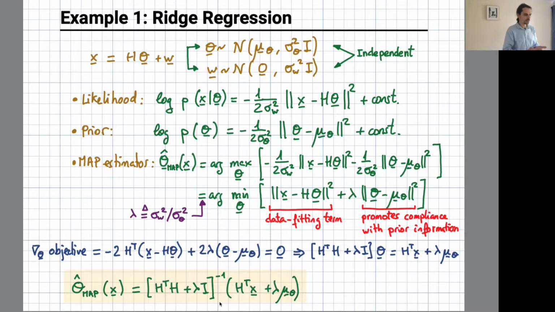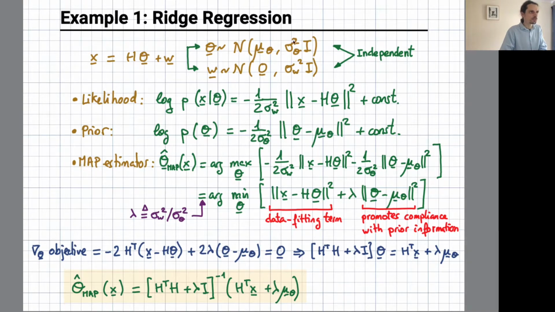Well, we can think, when is lambda 0 or close to 0? We see from here that this occurs when sigma theta square is large. And what happens when sigma theta square is large? It means that our prior information is very uncertain.